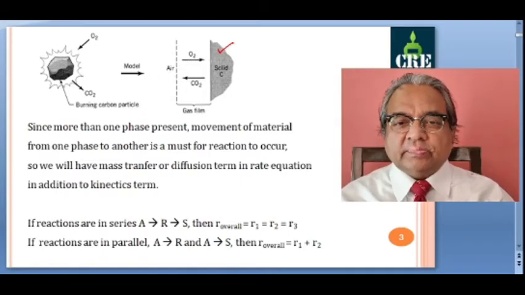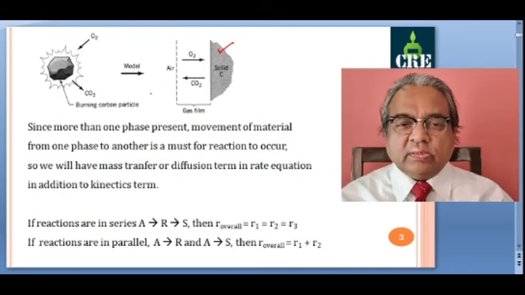Gas is entering and it has to overcome the resistance offered by the gas film so as to reach the surface where the reaction will take place, and the carbon dioxide produced will have to overcome the resistance of the gas film in the reverse direction so as to reach the bulk.